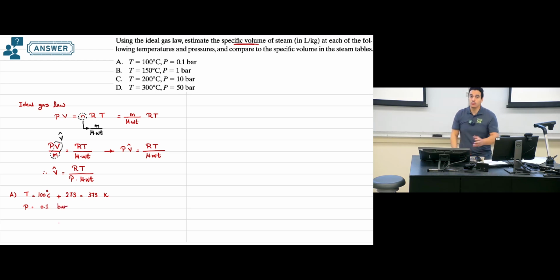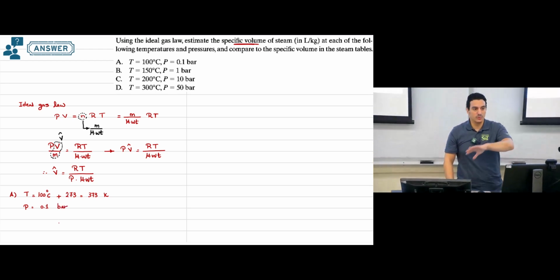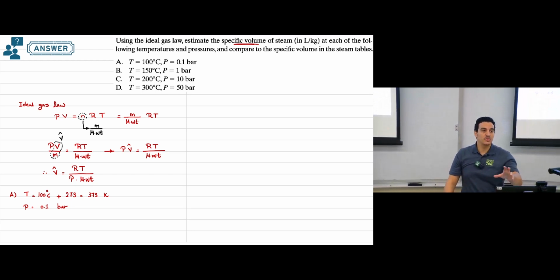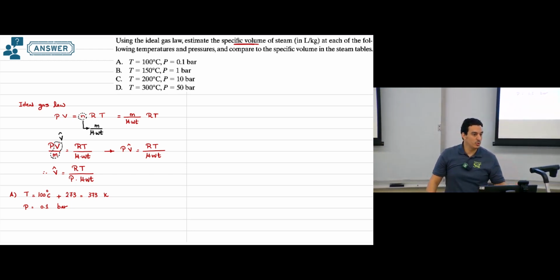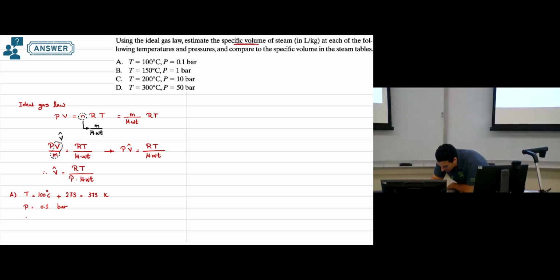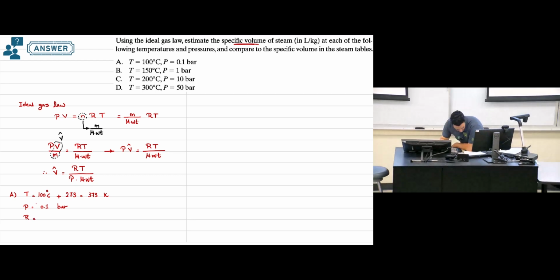I can keep it as 0.1 bar, or I can convert it to Pascal. Based on the pressure units, this will be the value of R you select. So now we can use this R value, 0.08314 liter bar per mole Kelvin.